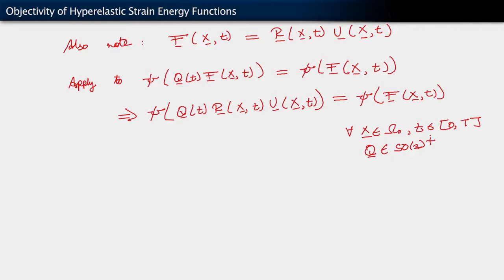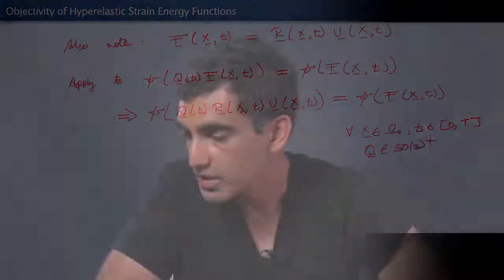Here's where I pull my tricks. Since this has to hold for all Q, I'm going to play a game with you. Tell me at what point x and what time t you want me to apply my arguments. You pick a particular position on the body.